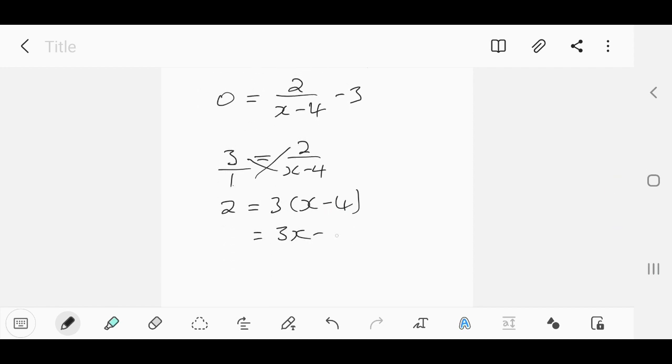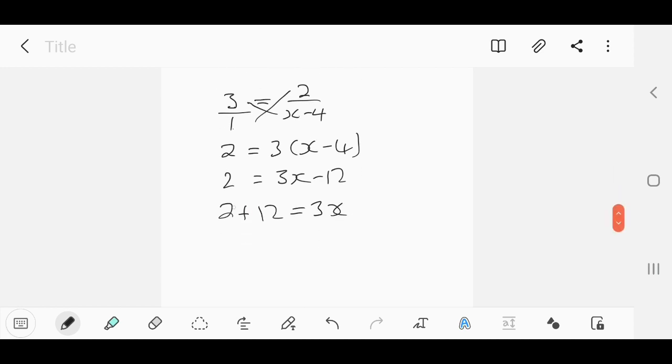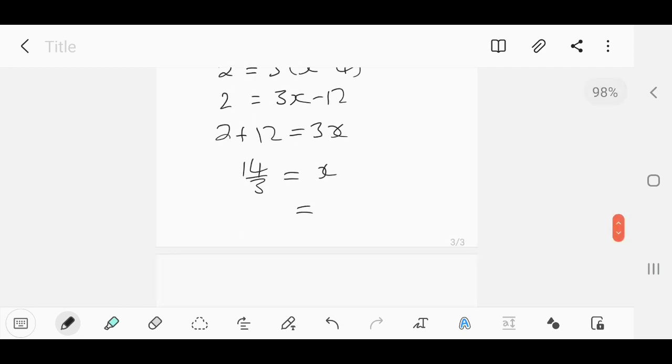It's 3x minus 12, and 2, this goes that side, 2 plus 12 equals 3x. So this is going to be 14 over 3 equals x, right?